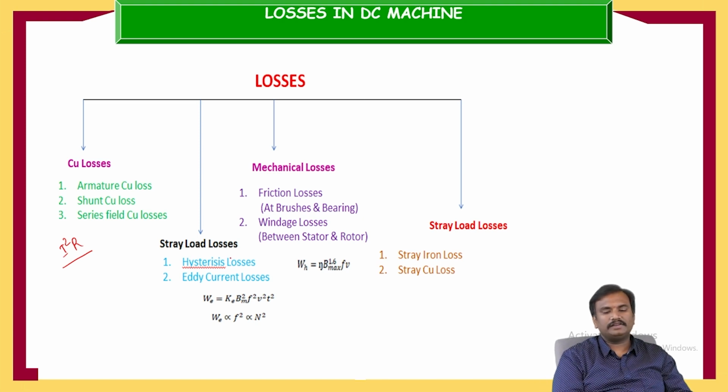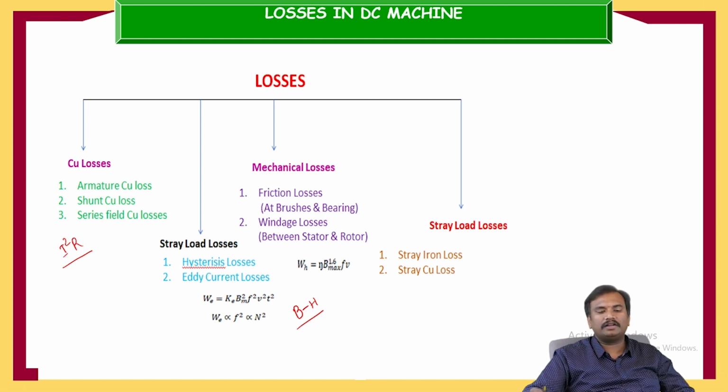In this, we have hysteresis losses and eddy current losses. These are based on the property of the core material which we have used, that is, based on the BH curve, magnetic flux density versus magnetic field intensity.